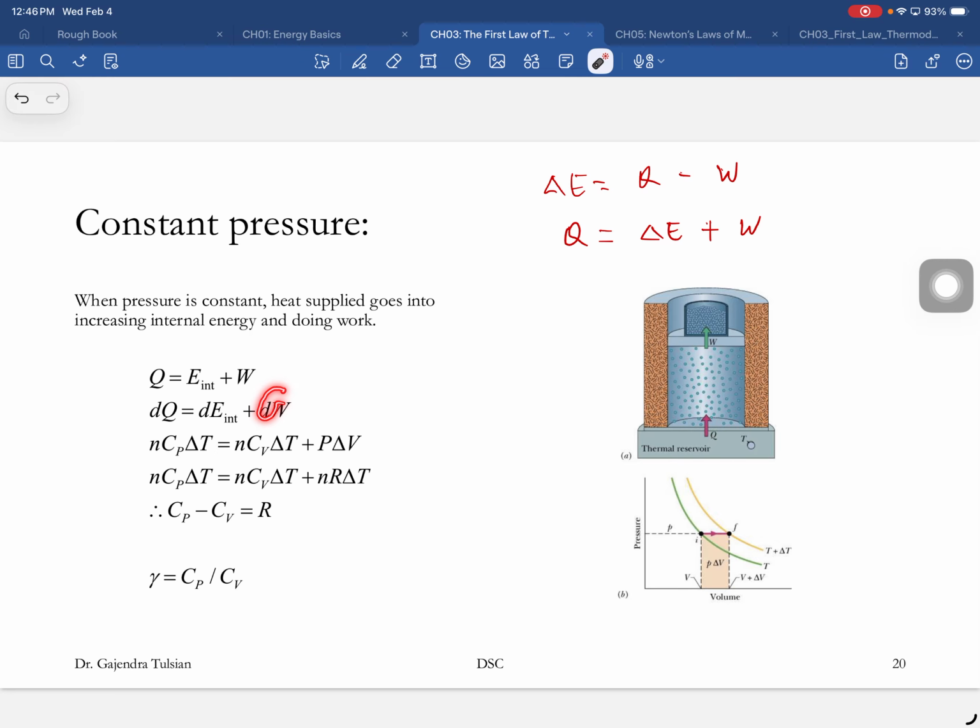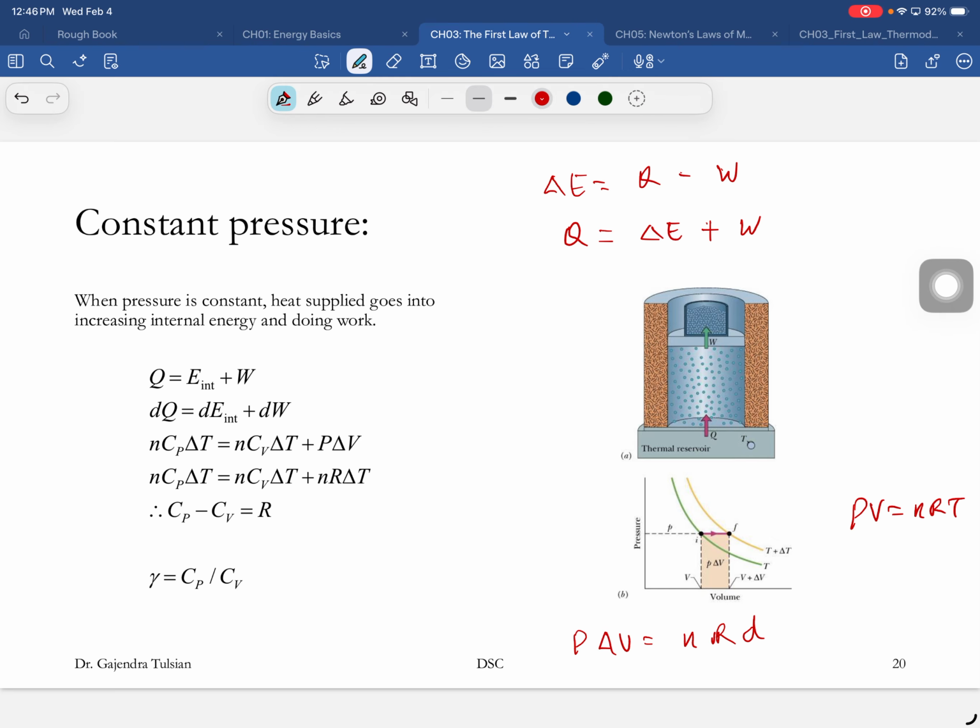And the work done by the gas is the pressure of the gas times the change in volume of the gas. Okay. Now, for an ideal gas, PV equals nRT. Okay, and if you're changing the volume, the temperature changes.